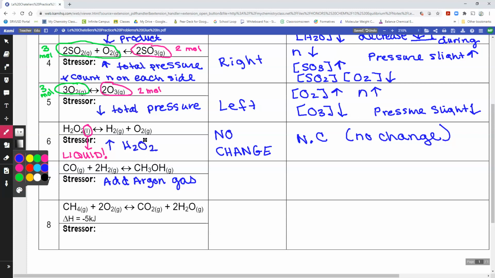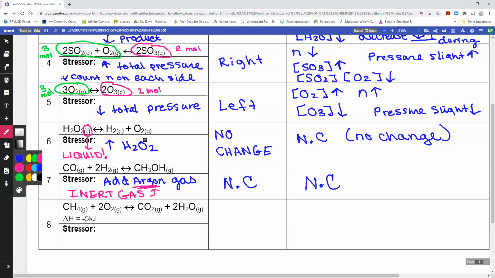You're not changing the ratios of the reactants or products to each other. So nothing changes. And the reason there is because argon is an inert gas. Right? It's not participating in the reaction. Changing it doesn't change anything.